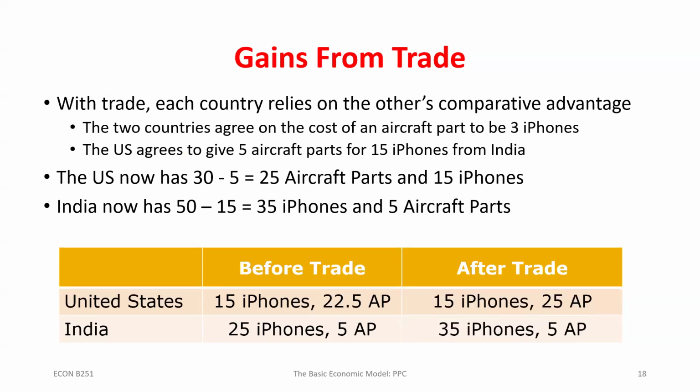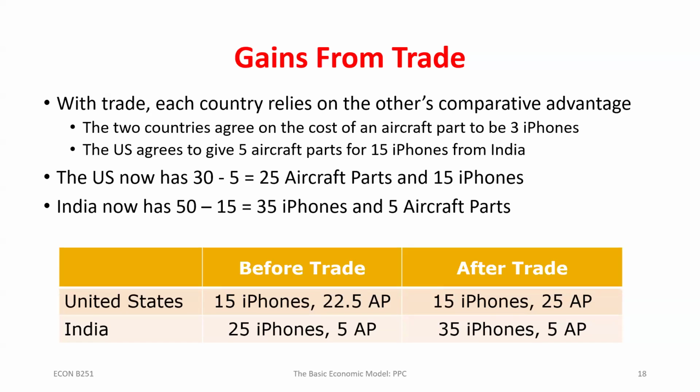Because of our numbers with trade, the numbers we just produced, the US is going to have the same number of iPhones, but more aircraft parts if they rely on trade as opposed to just doing it themselves. And India is going to end up with more iPhones, but the same number of aircraft parts if they rely on trade as opposed to just doing it themselves.